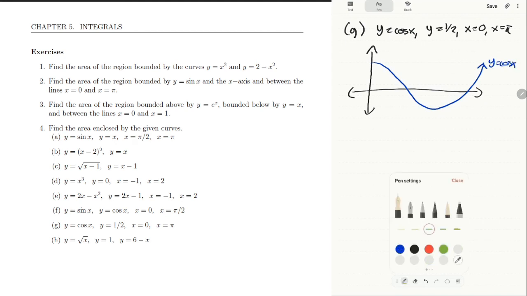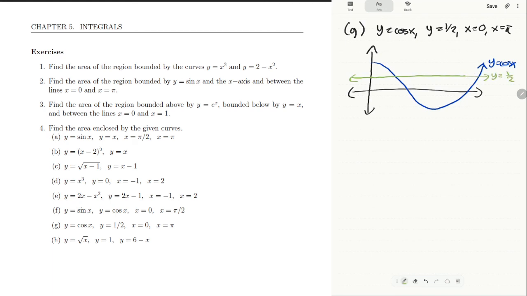And we have the line y equals 1/2. And we have the lines x equals 0, which is the y-axis, and x equals pi. And so the area that we're interested in is going to be these regions.